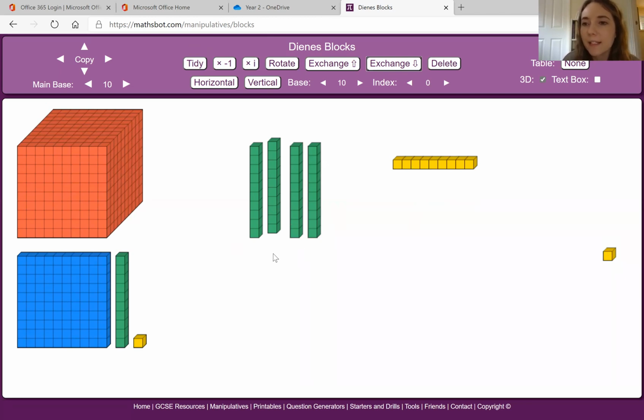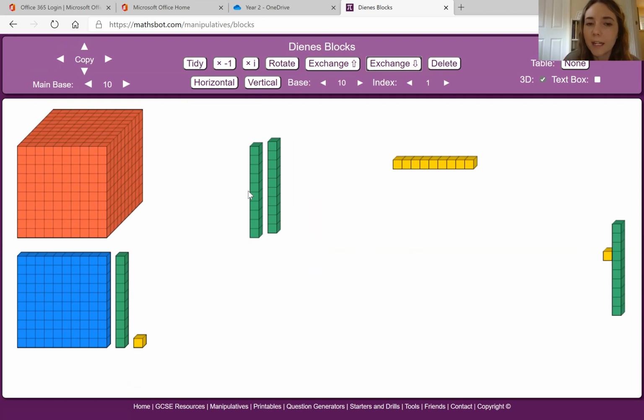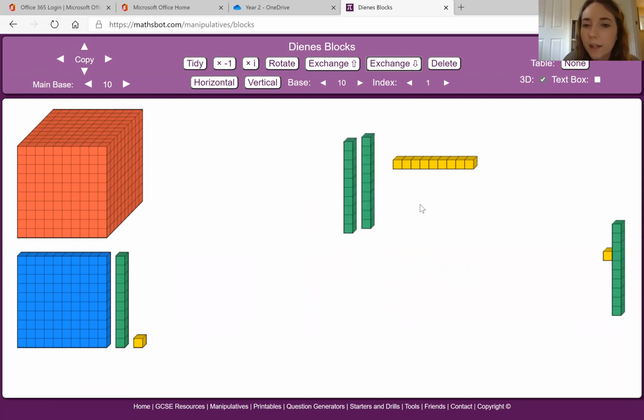So we had 20 to take away. So that's 2 tens that we've got to take away. 1, 2. How many have we got left? We've got 2 tens, which equal 20. And 1, 2, 3, 4, 5, 6, 7, 8, 9 ones. Make sure you count those carefully. 29 is the answer. Did you get that?